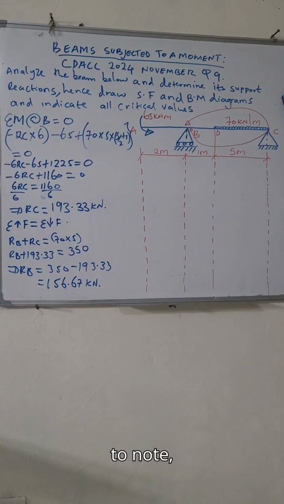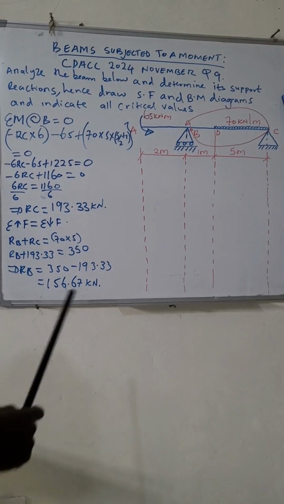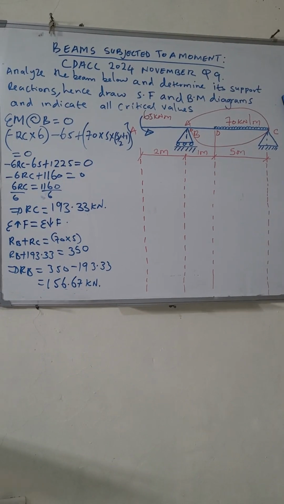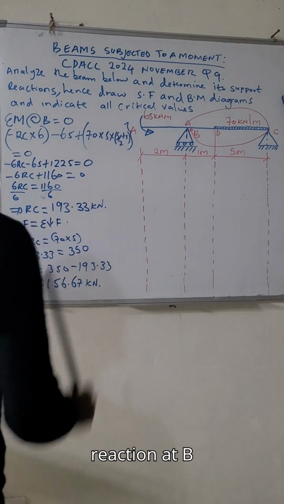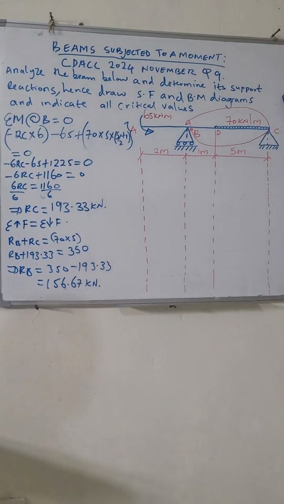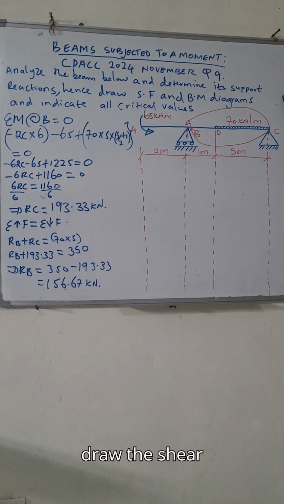Again, a point to note, the reaction at B, you can also calculate by summing moment at C. Now let's draw the shear force diagram.